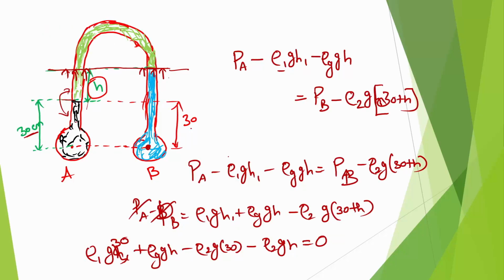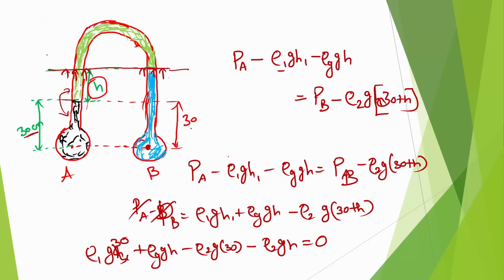So substituting that, my equation is rho 1 is 1200 into 9.81 into 30. Is it in centimeter? Yes, so I have to convert this into 10 power minus 2 meter. So I have to be careful. Since this is 30, this will be 0.3 meter.